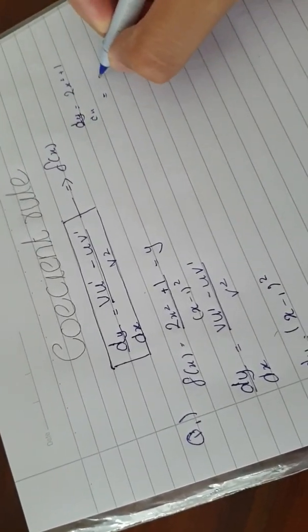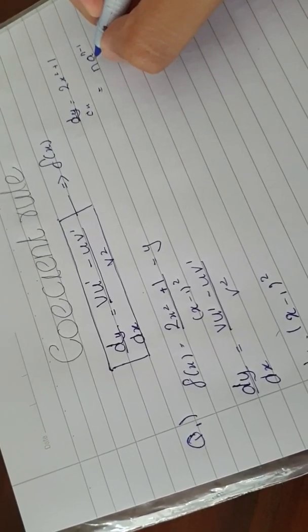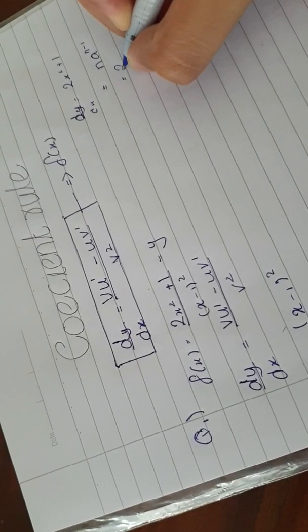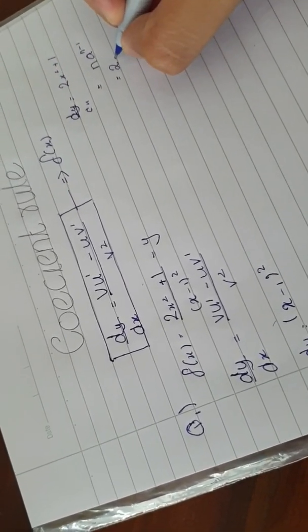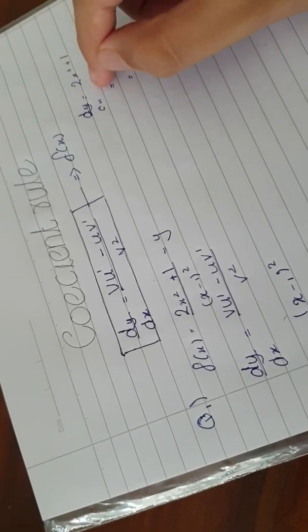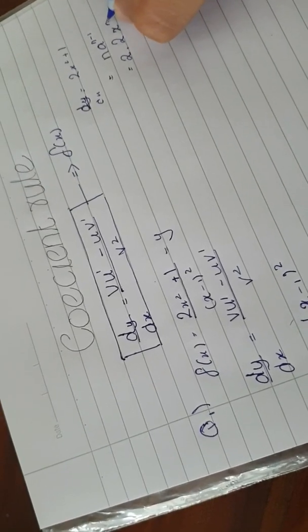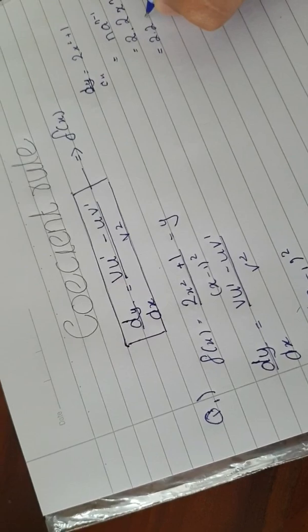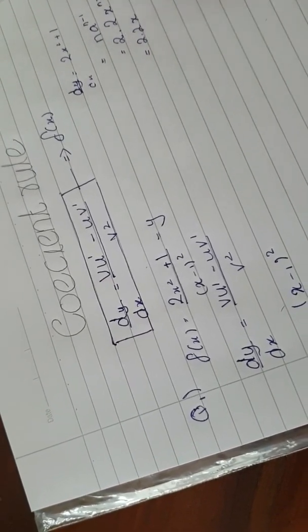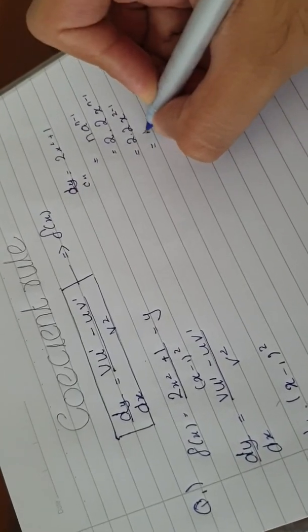We use this equation: n times x to the n minus 1, equals 2, which is the power here, dot 2, which is this, and x to the 2 minus 1, which equals 4x.